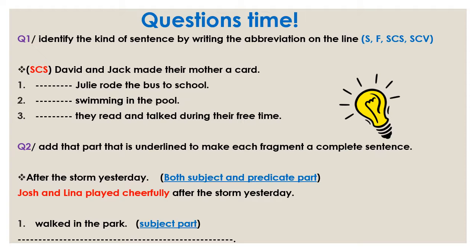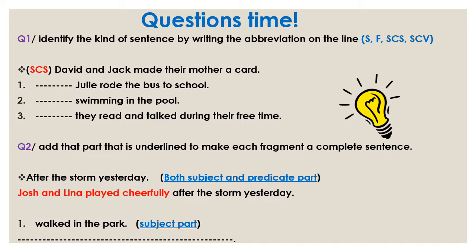CS, two subjects together, which is a compound subject. So I'm going to say this is SCS, because I clearly have a simple sentence with a compound subject, David and Jack. So that's the kind of this sentence.